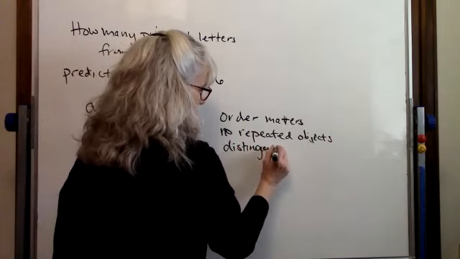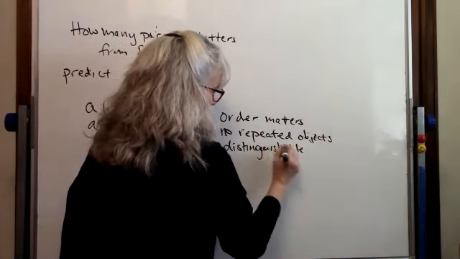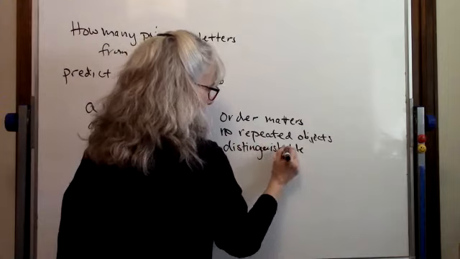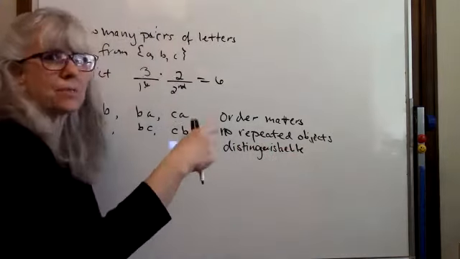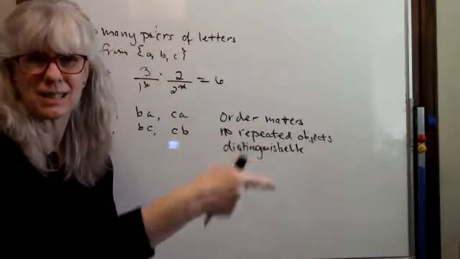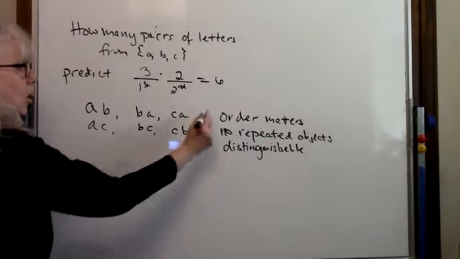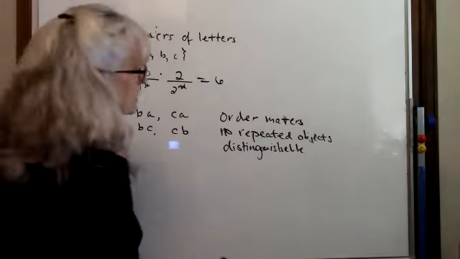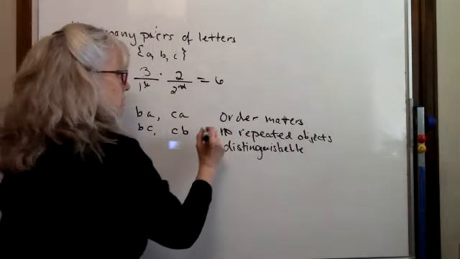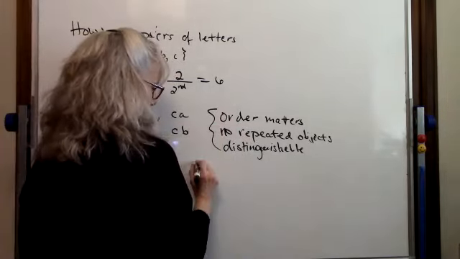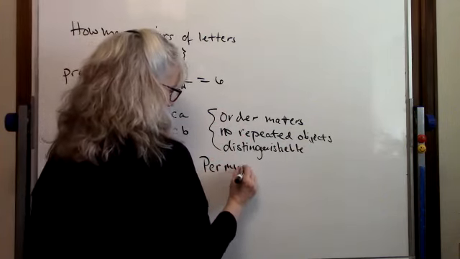So an A is different from a B, and a B is different from a C. So they're distinguishable, like people would be distinguishable. So in this case, when all these things are true, this is considered to be a permutation.